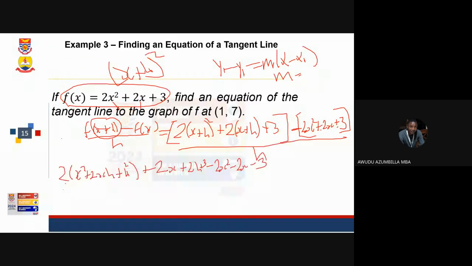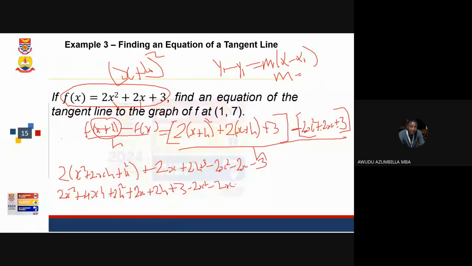Okay. So here, let's open the bracket. You open the bracket, you are going to get 2x squared plus 4xh plus 2h squared, then plus 2x plus 2h plus 3, minus 2x minus 3, all divided by h.